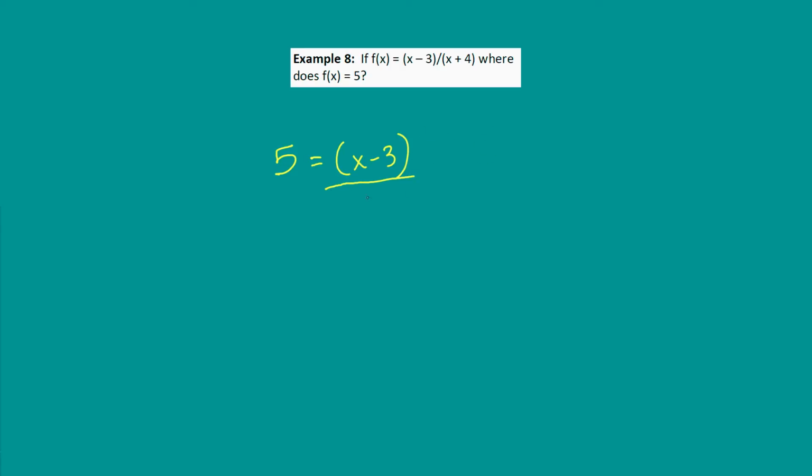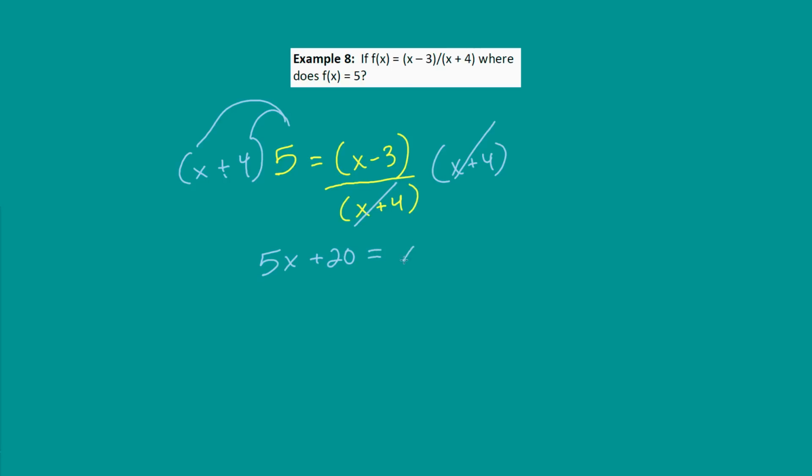The easiest way to get rid of that is to multiply both sides by x plus 4. This guy will cancel with this. We distribute the 5 onto both of those terms. We get 5x plus 20, and this is just algebra at this point, equals x minus 3.